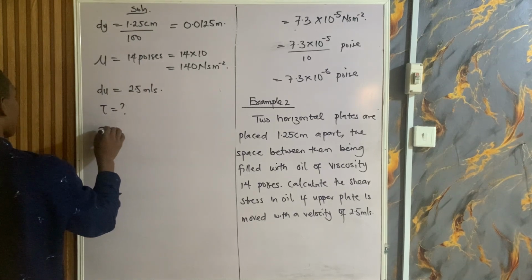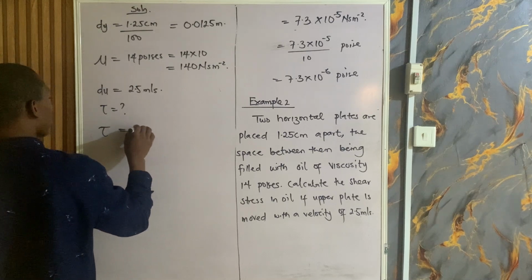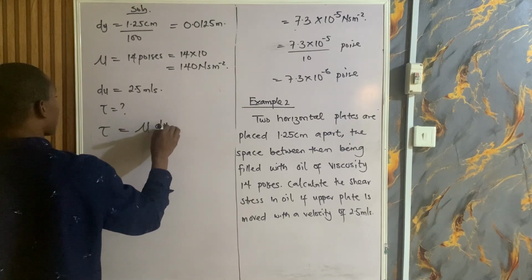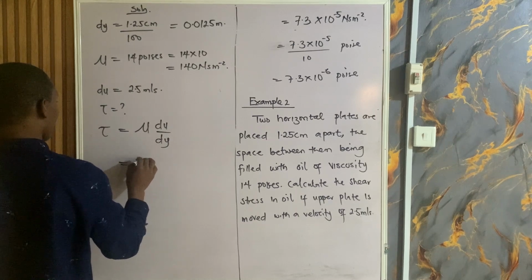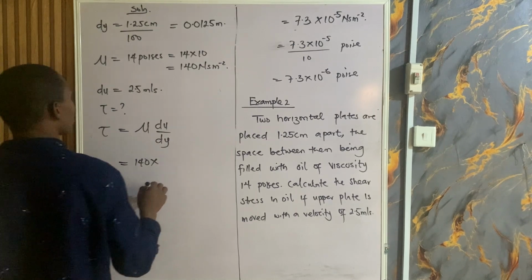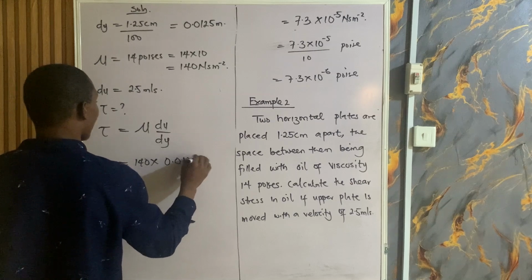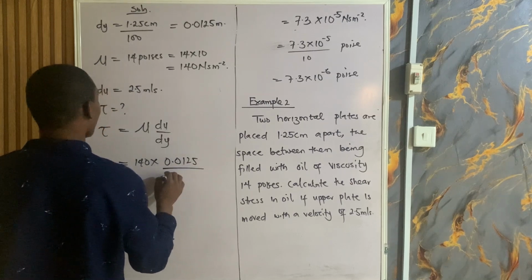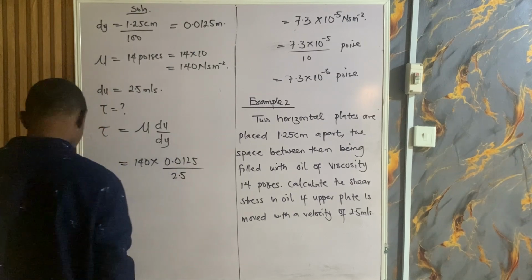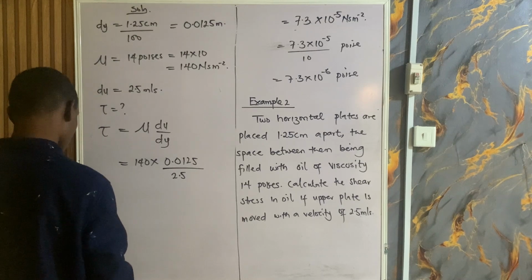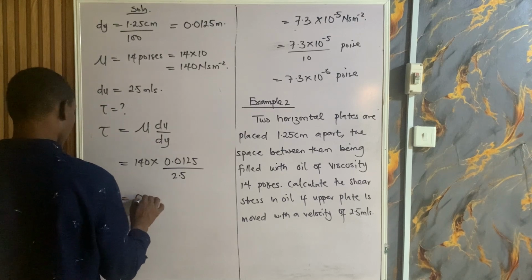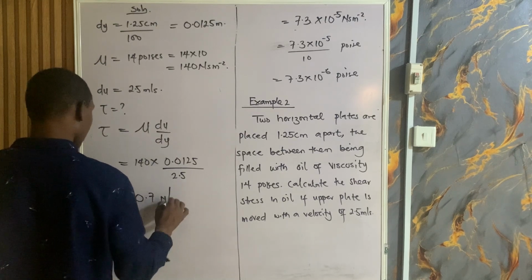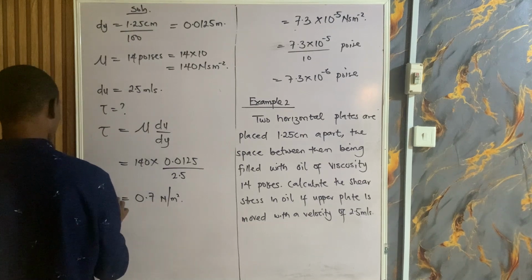So shear stress is equal to viscosity times velocity gradient, and that is viscosity 140 times 0.0125 all over 2.5. So this is 0.7 Newton per meter square. So that's that about that.